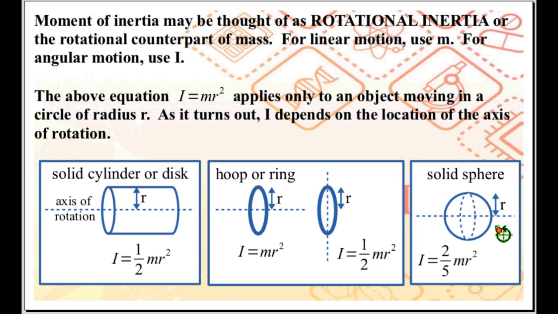And then if you have a solid sphere of radius r, and the axis of rotation is passing through the center of the sphere, the moment of inertia is 2/5 mr squared.